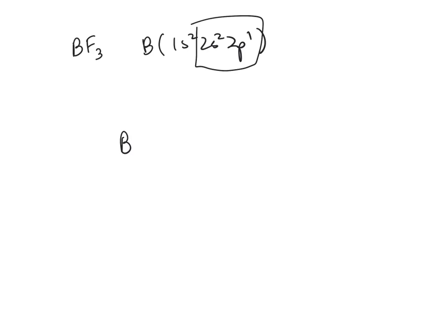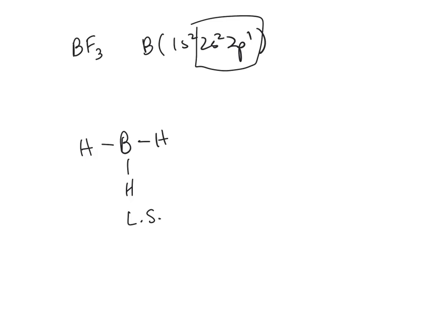Next one is BF3. Boron is another exception. So boron is 1s2, 2s2, 2p1. And the valence shell, there's 3 electrons. The Lewis structure, remember you can just make right angles, no big deal. It's less than 8, there's 6 for boron. So that's your Lewis structure.